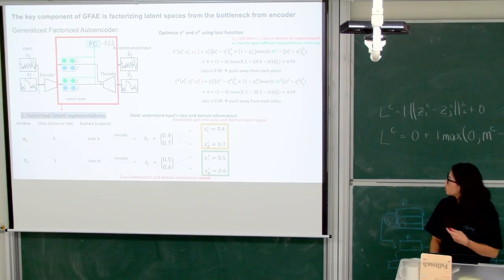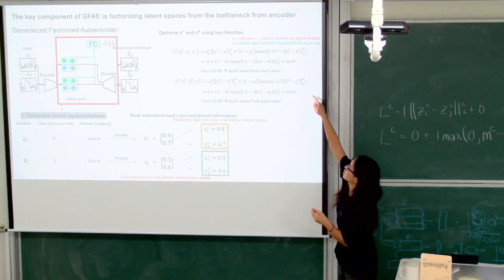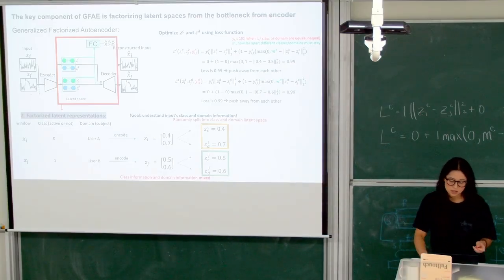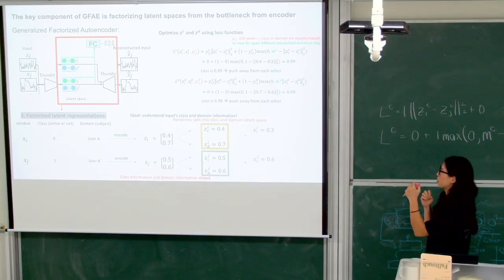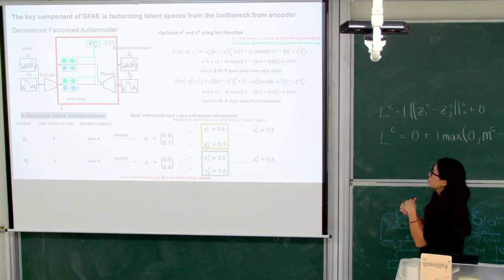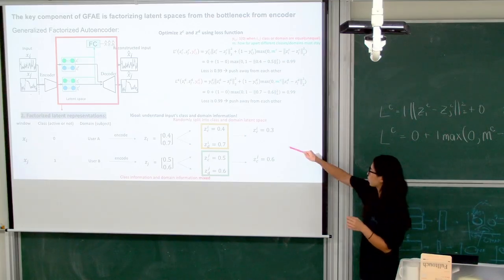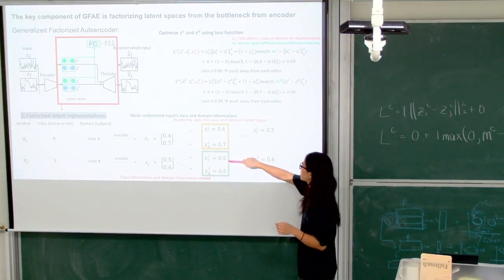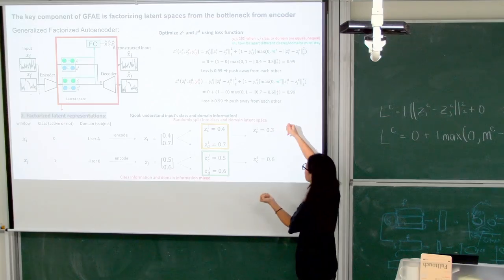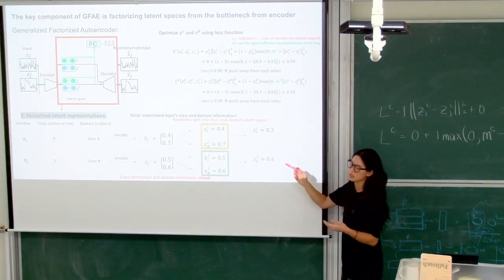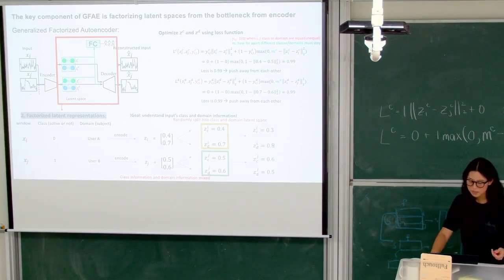Since there's loss for both cases, they try to separate them apart from the loss. It was 0.4 and 0.5 as a class, but since they were different classes, it tries to pull them apart, and similarly for domain.